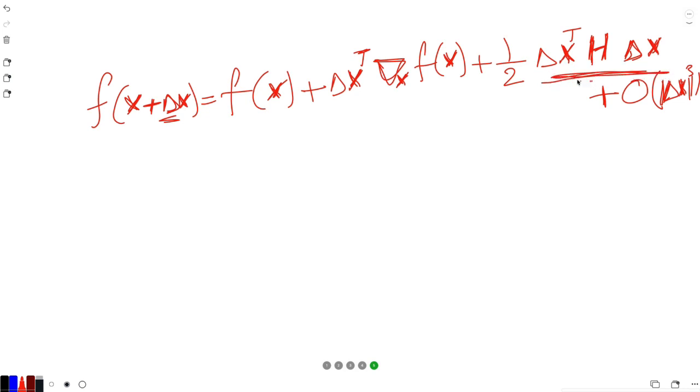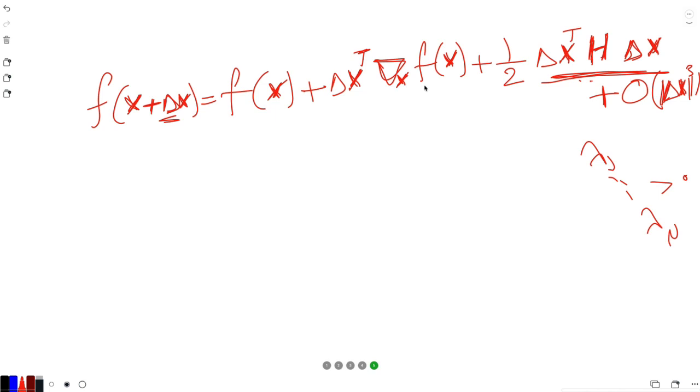Including the Hessian matrix can also guarantee how we approach the solution. If H is a positive definite matrix, which means that all eigenvalues lambda 1 up to lambda n are greater than 0, then this guarantees that the point we converge to will be a minimum.